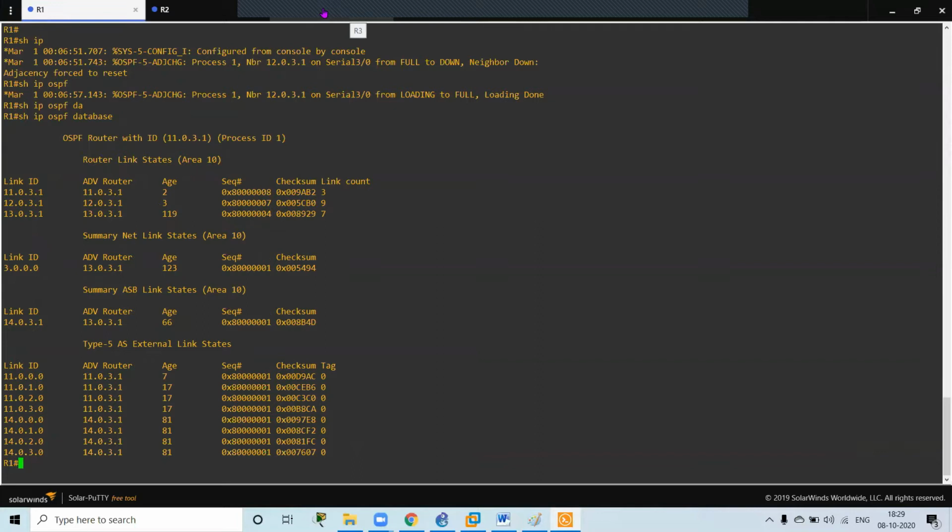No, 5 is E1 and E2 routes, external routes. OIA is OSPF inter area routes, you can say LSA type 3, the summary link LSA. Okay.